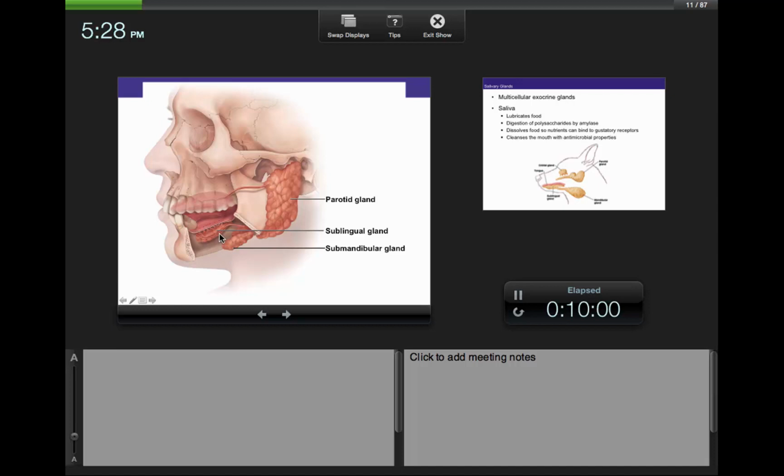And then underneath the tongue is the sublingual gland. That one really only secretes about 3 to 5% of salivary fluids, but it's rich in mucins. It produces a very thick mucus.